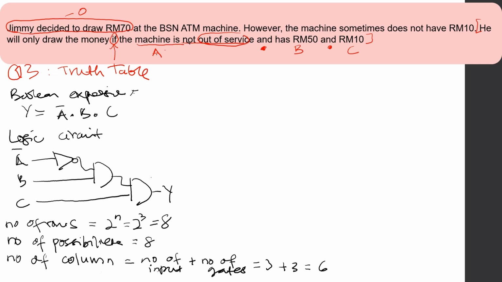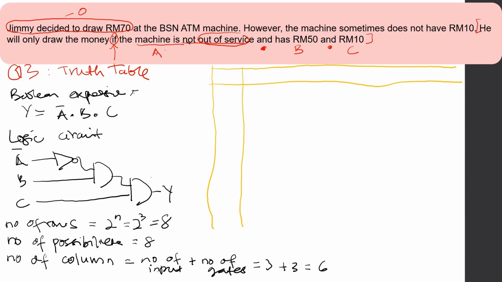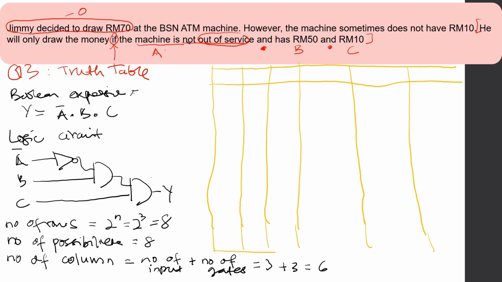The gates, I'm going to use the yellow one. So we have 3 inputs and then 3 outputs. So the number of possibilities or number of rows is equal to 8.